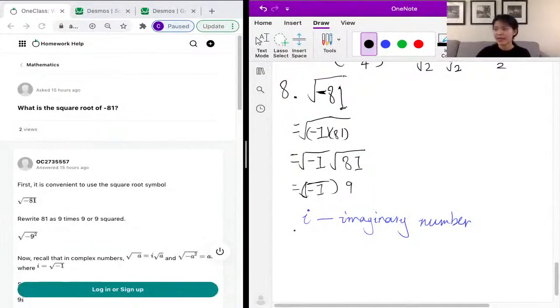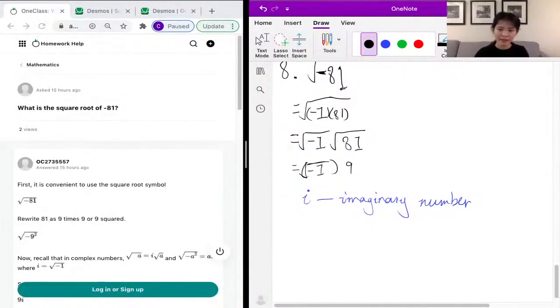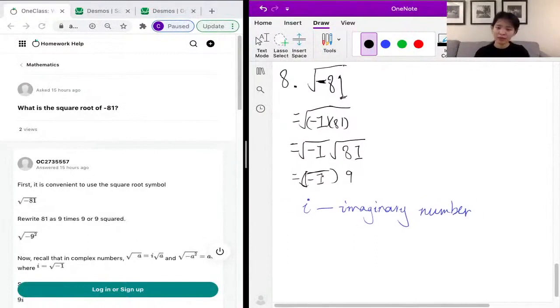But when we extend the real numbers to include more numbers, we have the complex numbers, and the square root of negative 1, or i, is the foundation of the complex numbers, which is very important in a lot more advanced math and advanced physics.